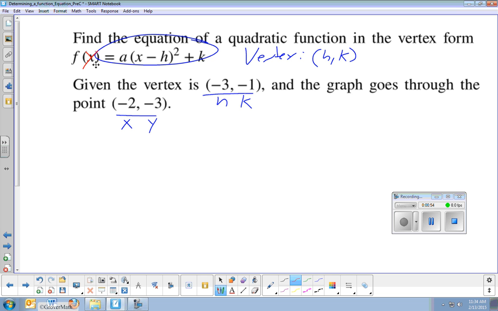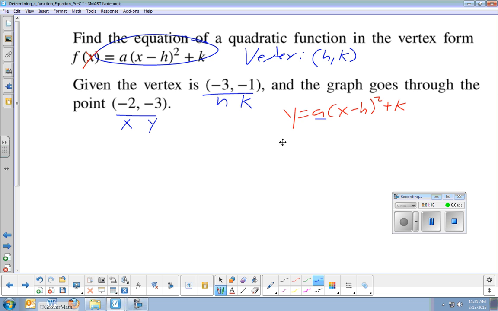So this is really y equals a parentheses x minus h squared plus k. And by giving you a vertex and a point, what I'm doing is I'm giving you h, k, x, and y. And so we can plug all four of these values in, and all that's going to be left is a, which is the one thing we don't know.